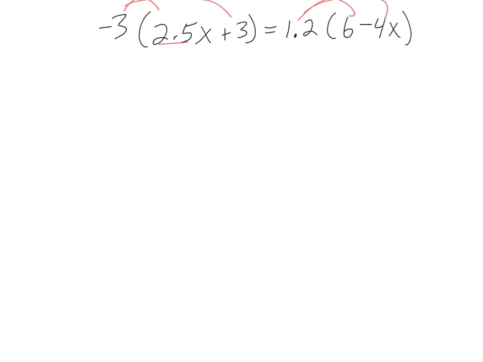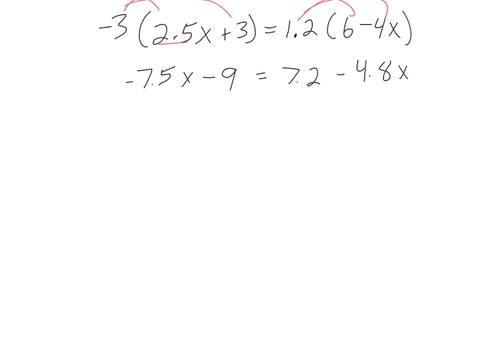So what this ends up being is negative 7.5x minus 9. So negative 3 times 2.5 is negative 7.5. And again, use your calculator to help you out with this arithmetic. Distributed 1.2, that's 7.2 minus 4.8x.